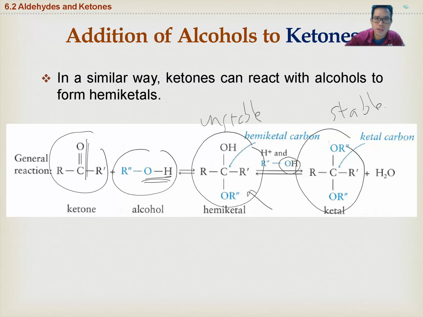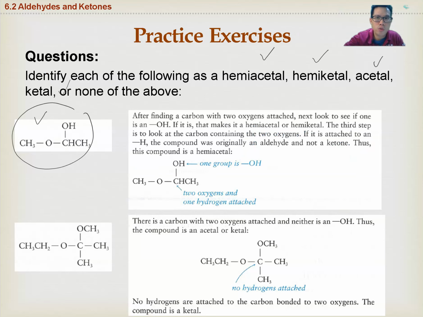You need to look at the features. Over here there is an OR, and a hydroxyl group over here. When you see the hydrogen here at the end of the molecule, more or less you can say that this one is the aldehyde.